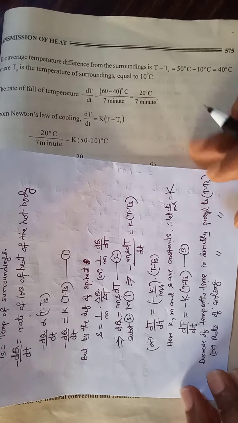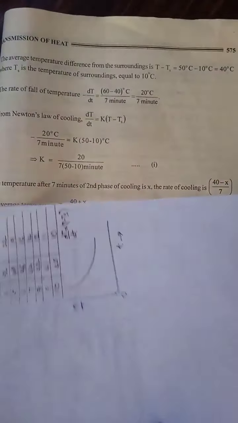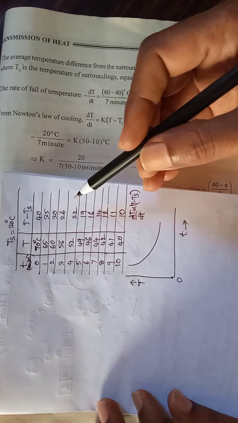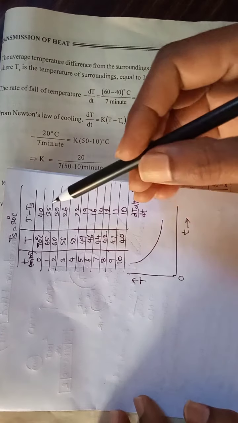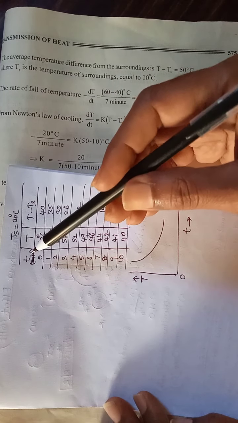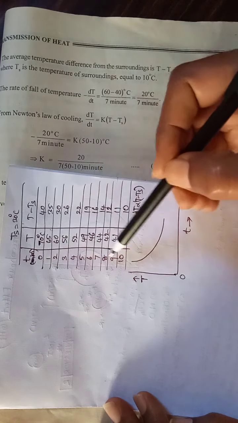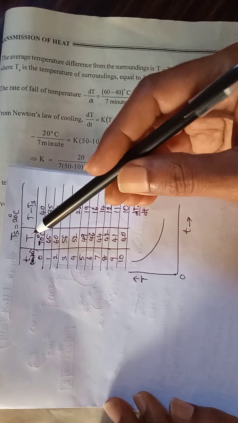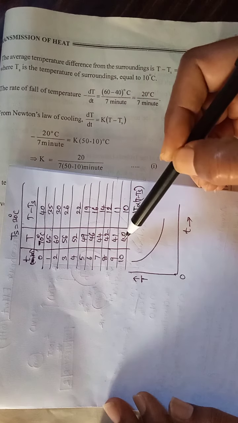The same thing I have written here. See, rate of cooling is directly proportional to T minus Ts, and an experiment is done. See here the values are there. In the first column, it is for time. Every minute the temperature of hot body is noted.